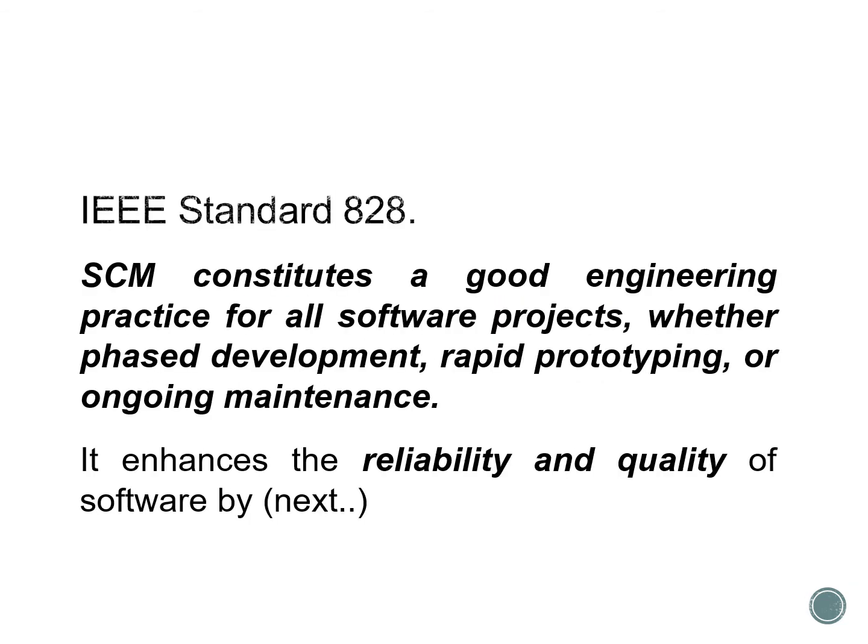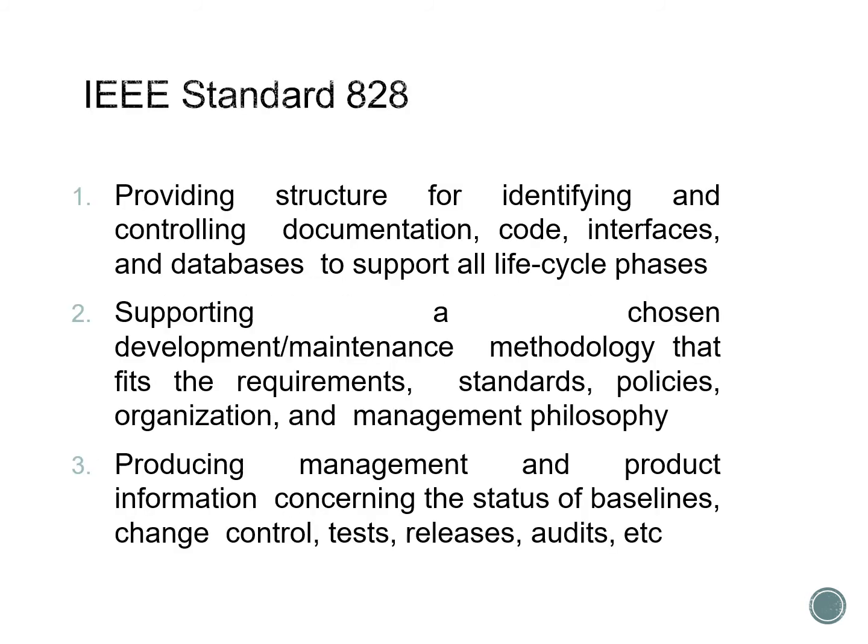So, of course, this standardization definition is a bit world-hugging because it talks about good engineering practice for all software projects, phased development, rapid prototyping, ongoing maintenance, enhances the reliability and quality, and so on. But it still has the idea that you should consider your project or source code as a set of items.